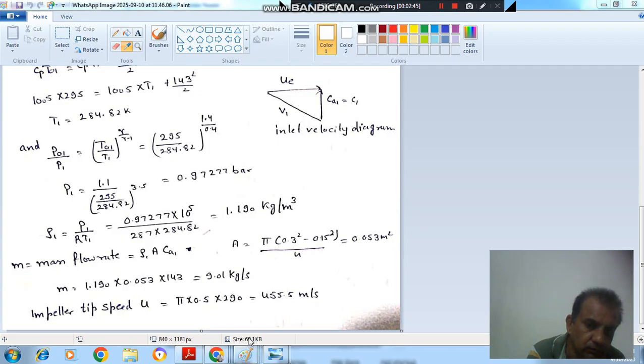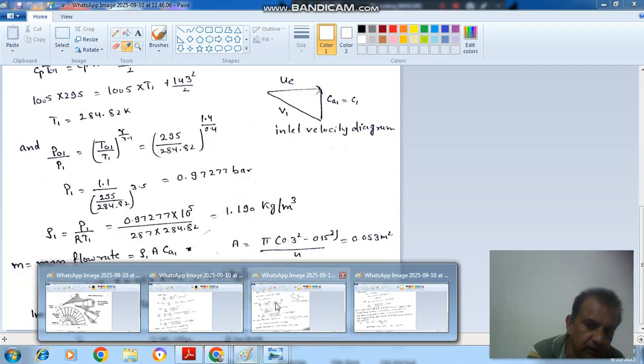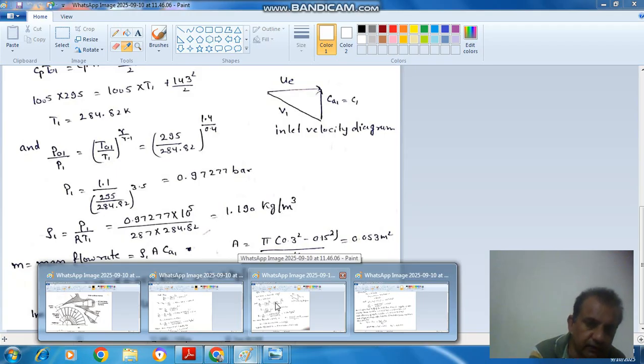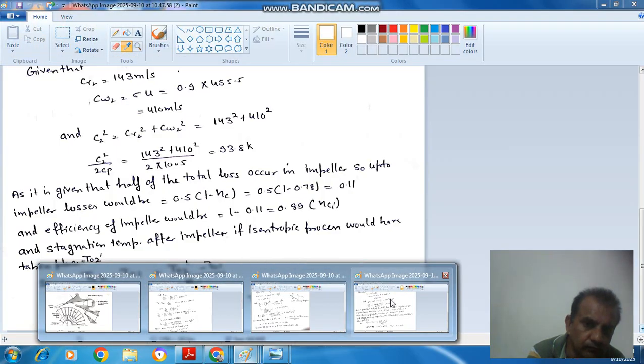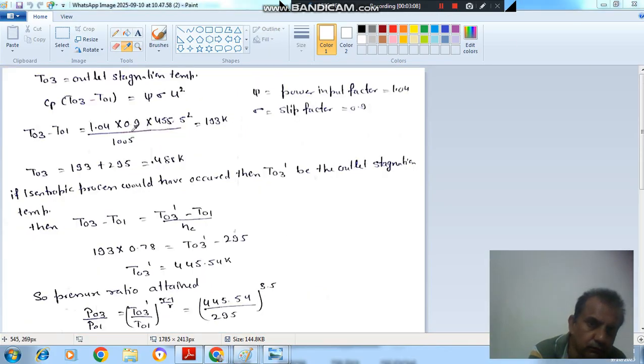Okay. So now we have one relationship between the stagnation temperature rise and the work input. So final stagnation temperature is T03 and initial is T01, that we have studied in the previous video.